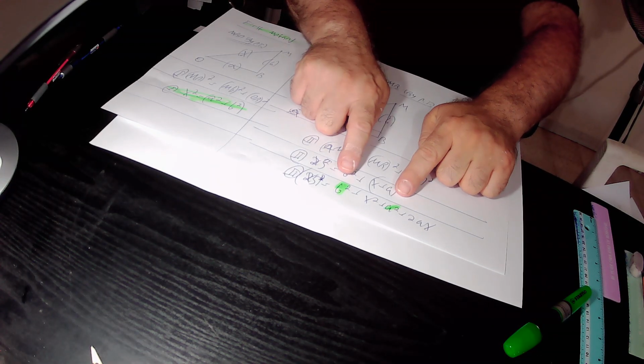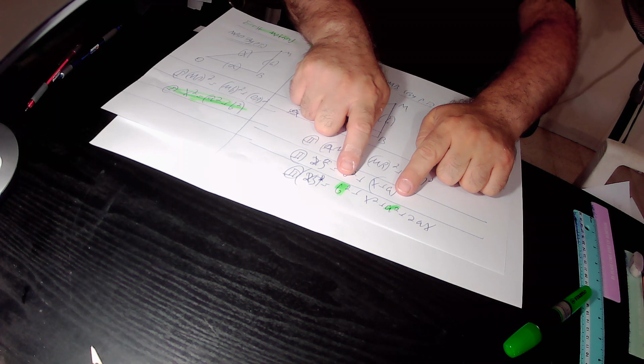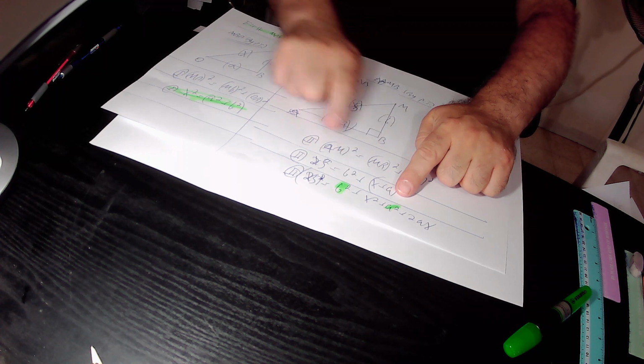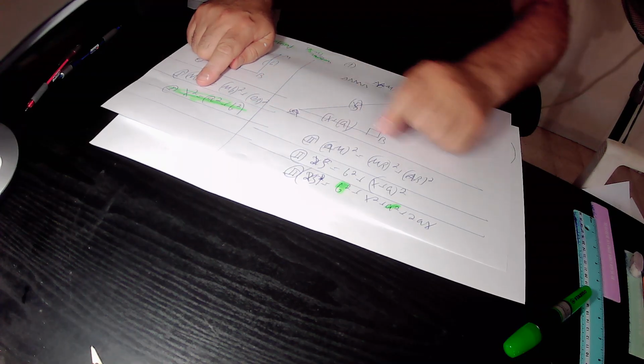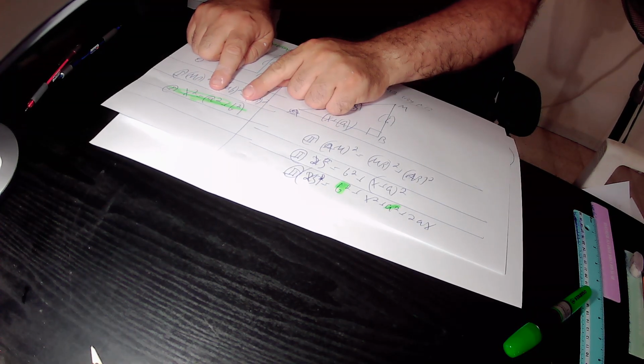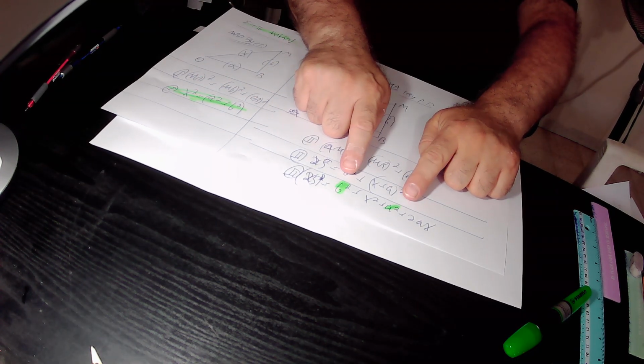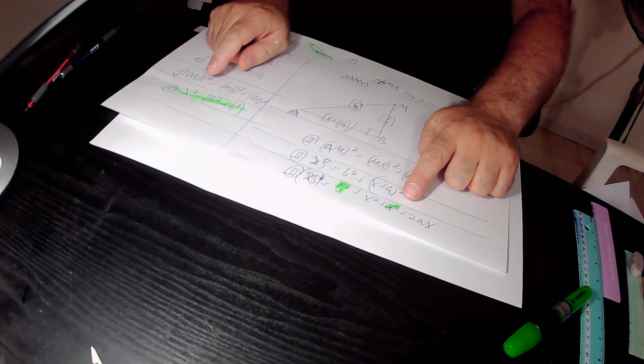Here in equation 2, we have B squared plus A squared. But according to equation 1, B squared plus A squared equals X squared, so we can substitute B squared plus A squared by X squared in equation 2.